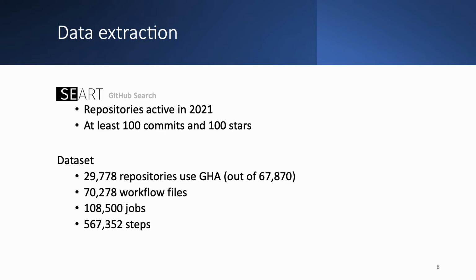The gathered information is about 70,000 different repositories. Out of them, around 30,000 are already using GitHub Actions, and the information that we extracted is around 70,000 workflow files, 100,000 jobs, and more than 500,000 steps.